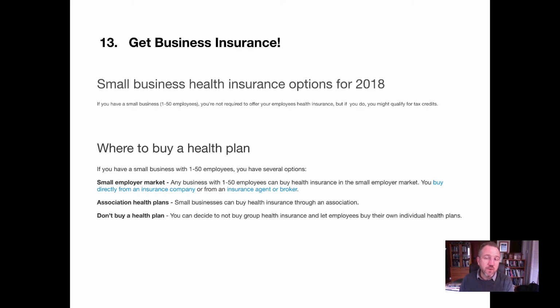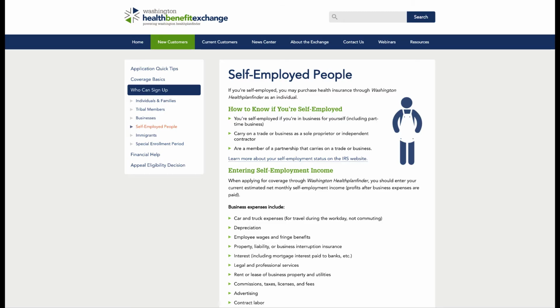Health insurance is probably one of the most expensive out-of-pocket costs for any small business owner. The Affordable Care Act certainly made health insurance a requirement for all of us, but also has changed the way the market works. You can use what's called the small employer market and buy directly from an insurance company.